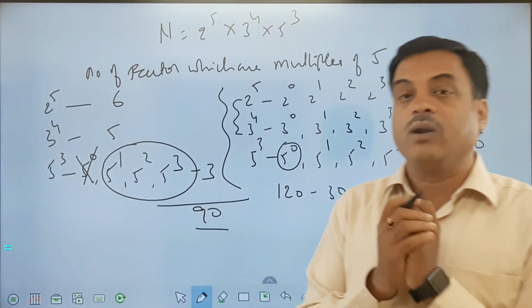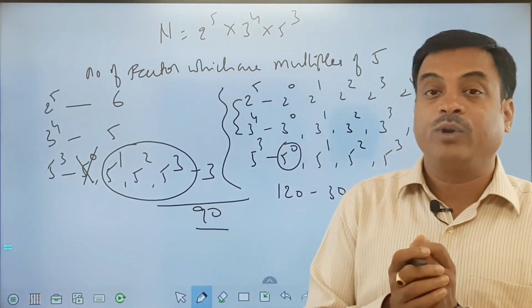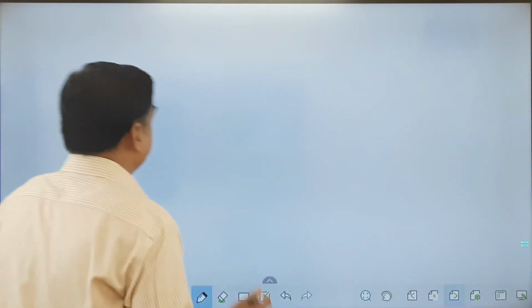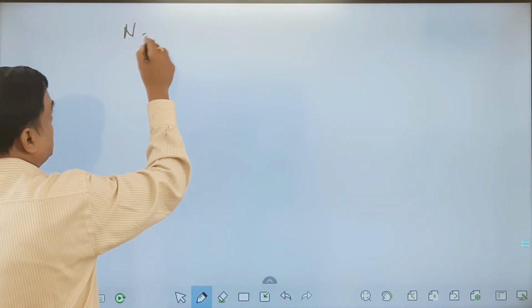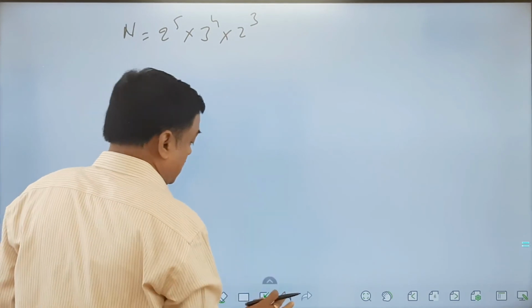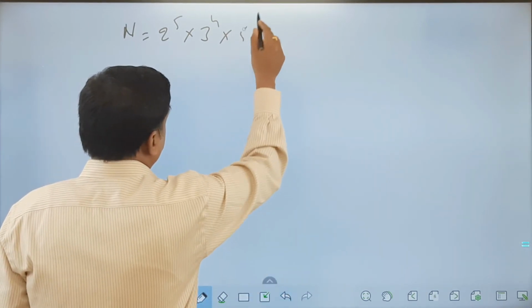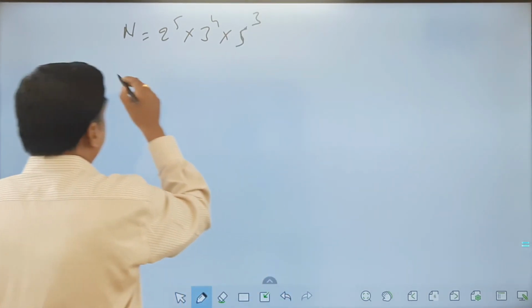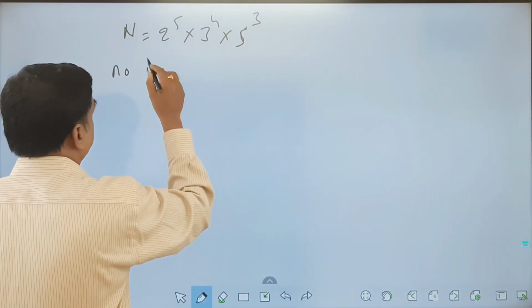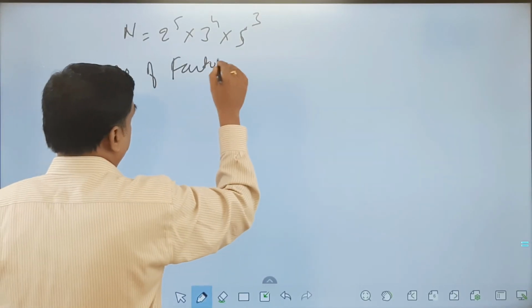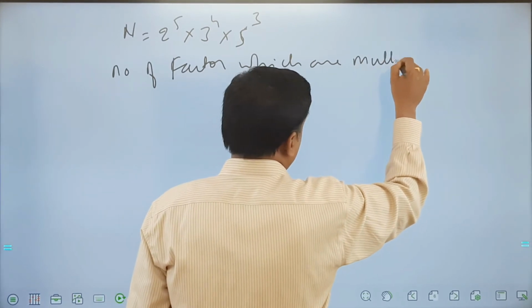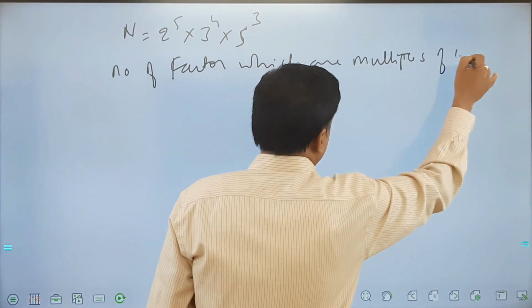Now similarly, I can also find the number of factors which are multiples of 15 or any other number. Let us take 45 for example. My number was n is equal to 2 power 5, 3 power 4 and 5 power 3 as a number. I want to know the number of factors which are multiples of 45.